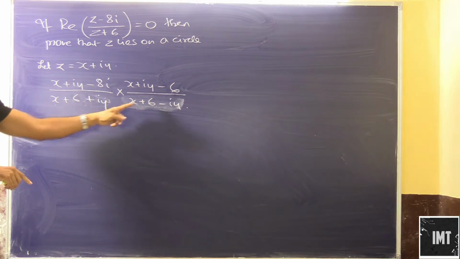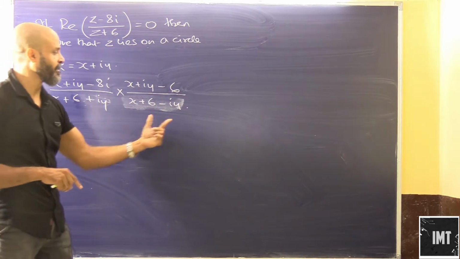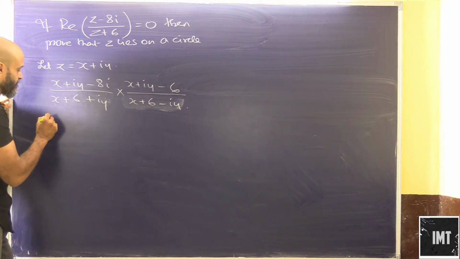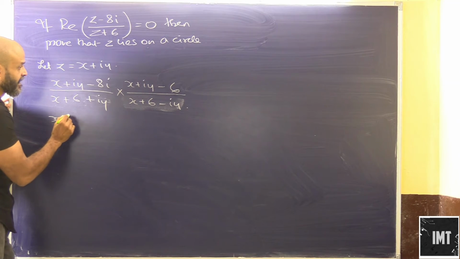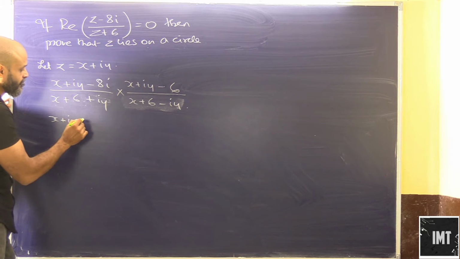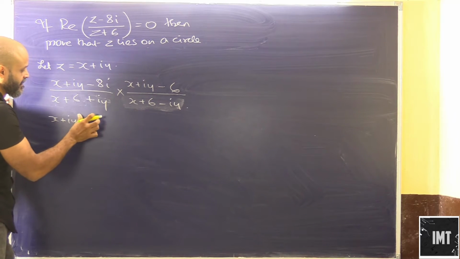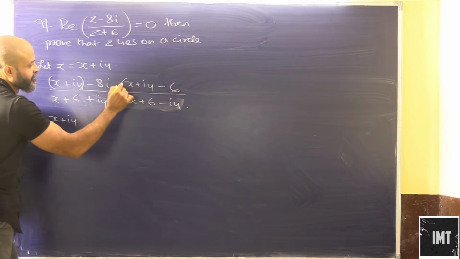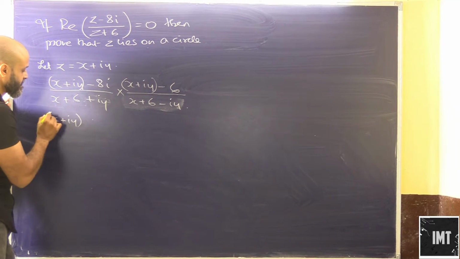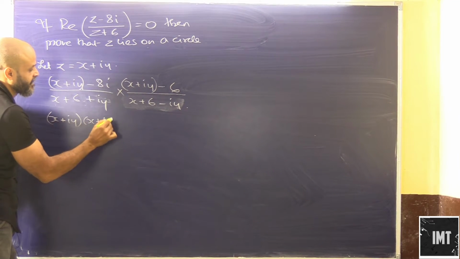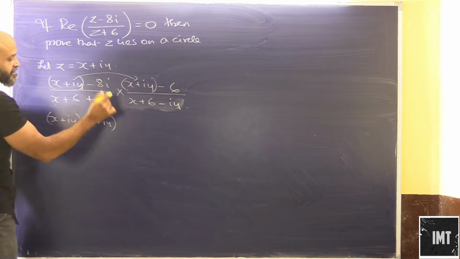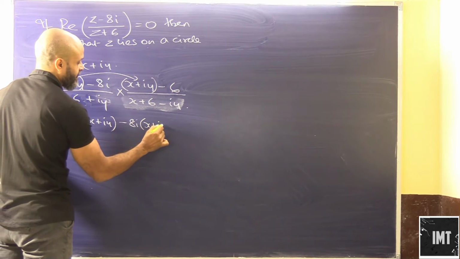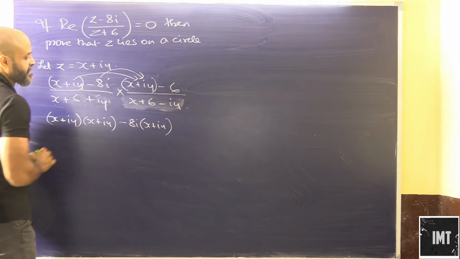Okay, so the purpose here is to get the square format, a plus b and a minus b, so a square minus b square. So this will be x plus iy minus, if I happen to see, x plus iy into x plus iy, this gets multiplied by this, minus 8i into x plus iy, this gets multiplied by this.